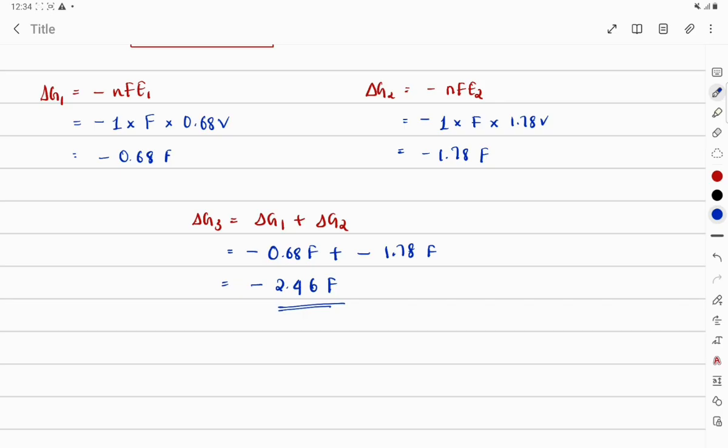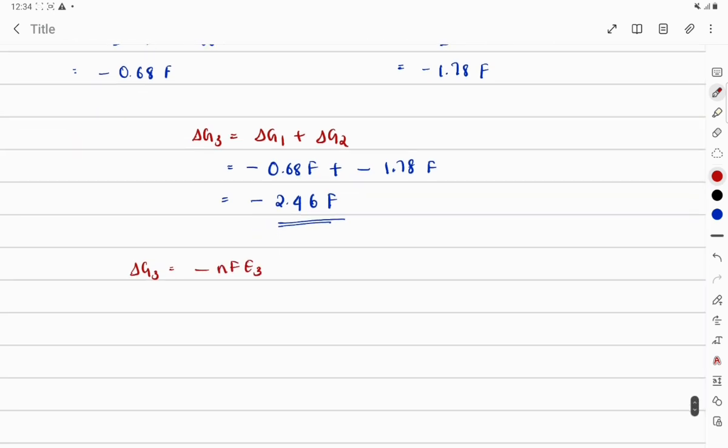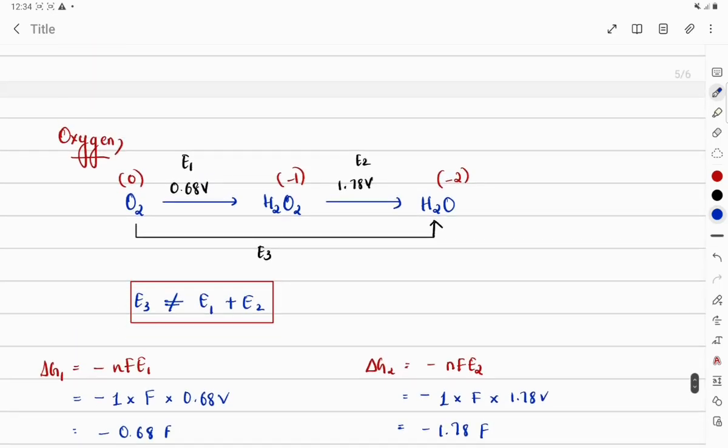But what I need is the E0 value. So again, delta G3 is equal to minus NFE3. Since I want E3, I'll take it to the other side. So E3 will be equal to minus delta G3 divided by NF. Delta G3 is minus 2.46 into Faraday, divided by N, the number of electrons involved.